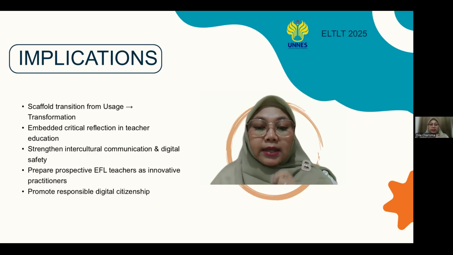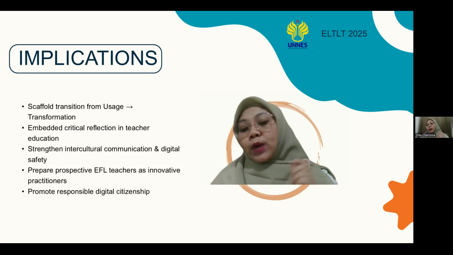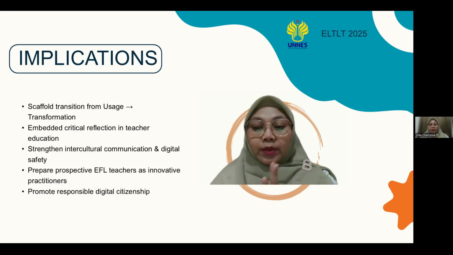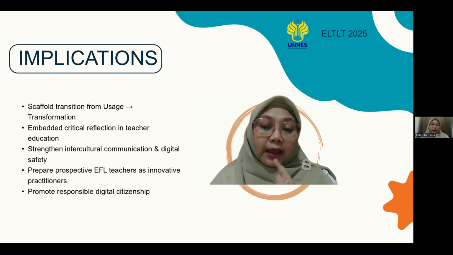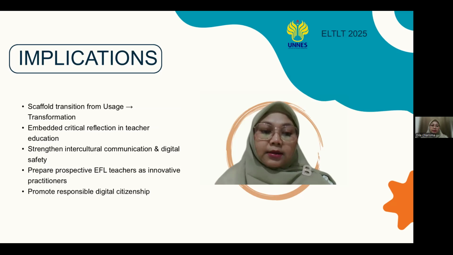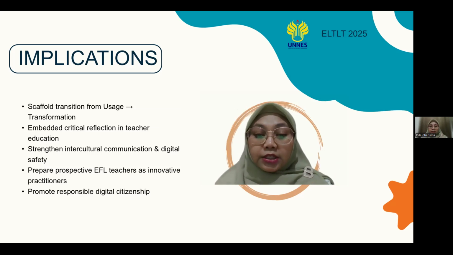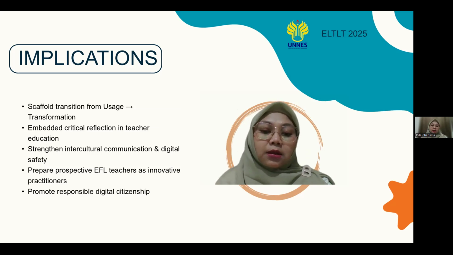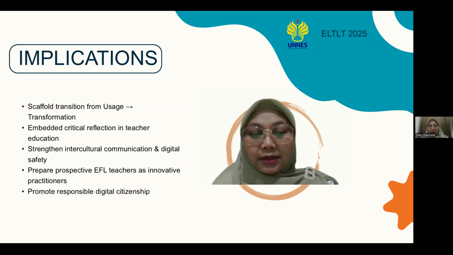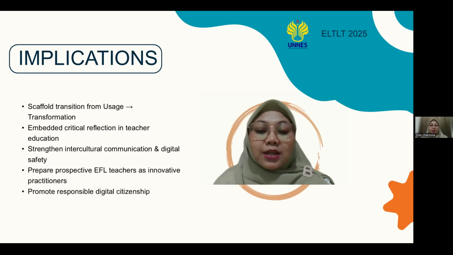Third, intercultural communication and digital safety require greater emphasis, as they remain relatively underdeveloped. And finally, by fostering innovation and responsibility, we can prepare EFL teachers not only as competent users, but as transformative practitioners and responsible digital citizens.